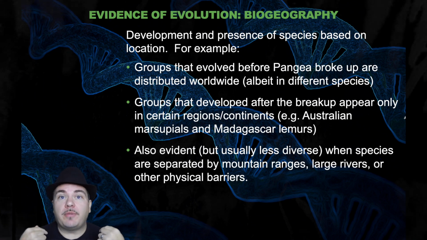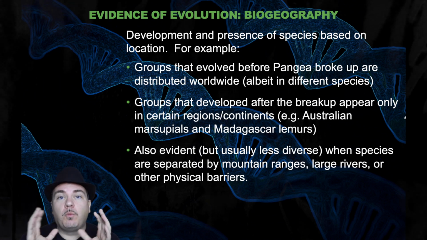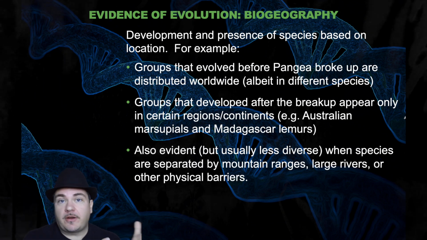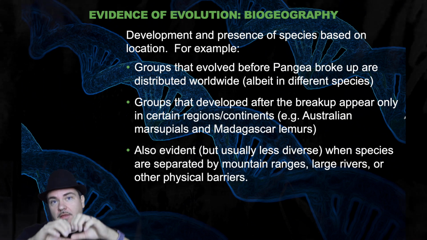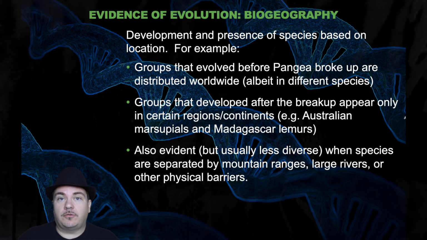Versus placental mammals like us, where we complete development inside the placenta. Okay. Why does Australia have a large percentage of marsupials, whereas North America has very, very few marsupials? Because over time, those land masses became separated from each other and evolved differently. Australia tend to evolve marsupials, North America tend to evolve placental mammals.